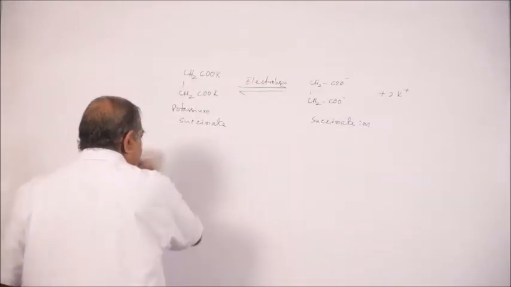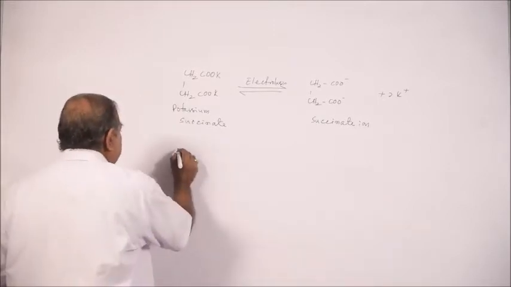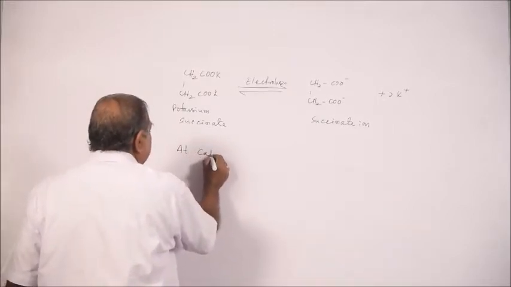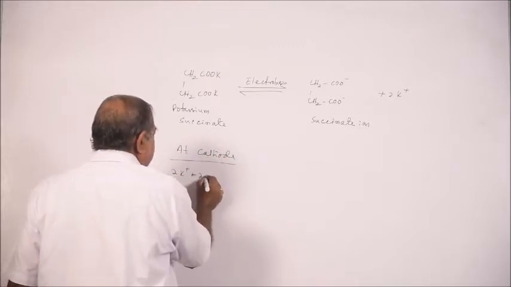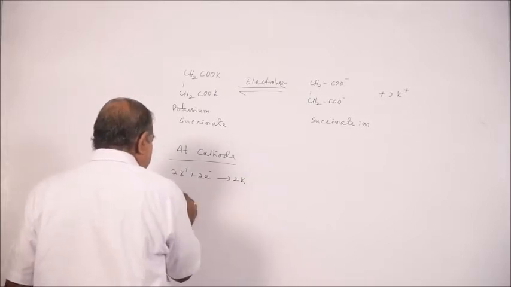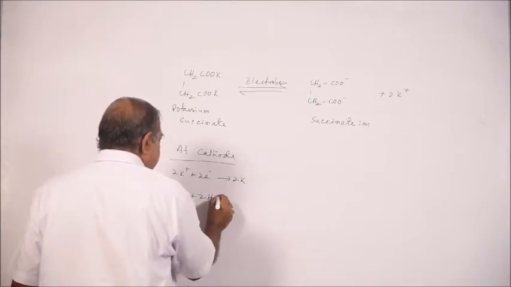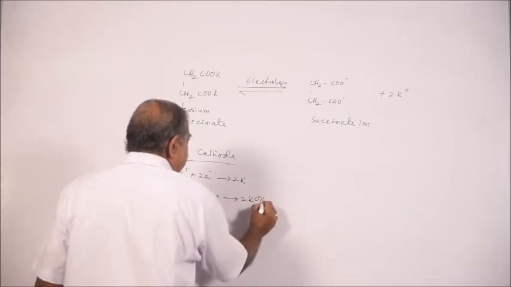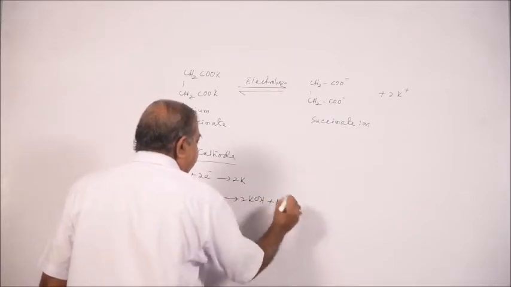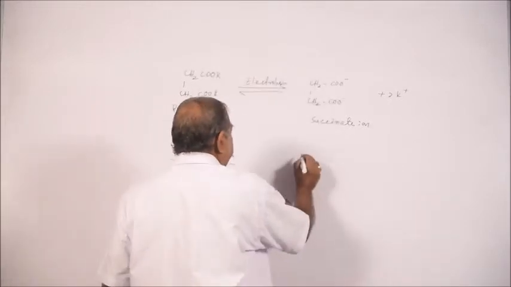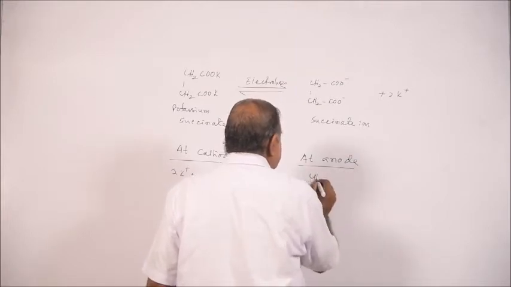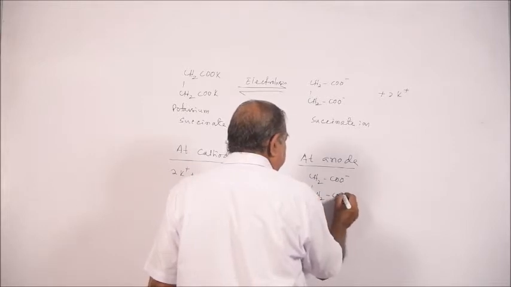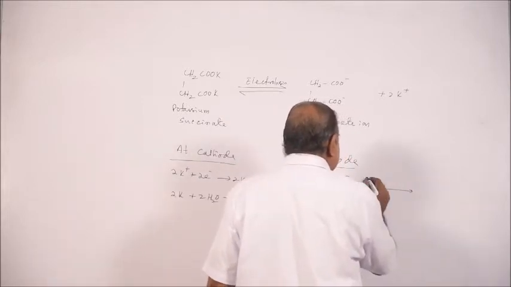Potassium ion goes to the cathode. Reaction at cathode: potassium ion adds up with the electron to give potassium metal. Potassium reacts with water to give potassium hydroxide, and hydrogen gas will be evolved at the cathode. Reaction at anode: your succinate ion goes to the anode. Here there is a 2-step reaction.